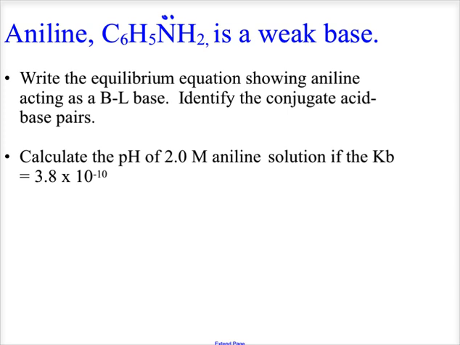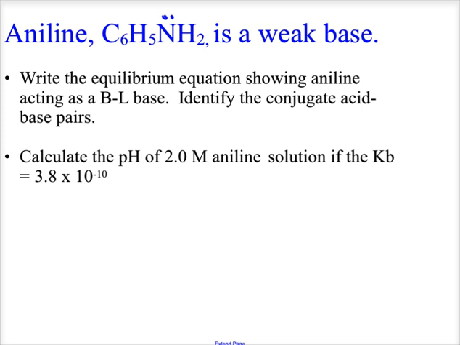Aniline is a weak base, and if you look carefully at the structure, it's similar to ammonia, NH3, except instead of 3 hydrogens, on the aniline one of them has been substituted for a hydrocarbon group stuck on it. It's a base, and as such, it functions as a proton acceptor.